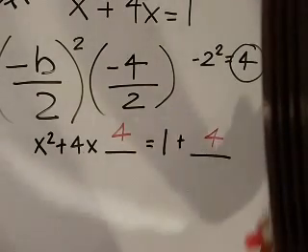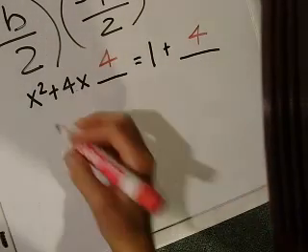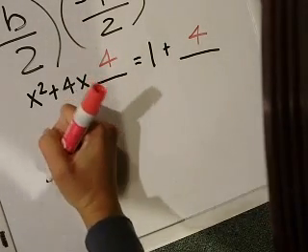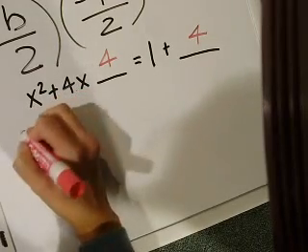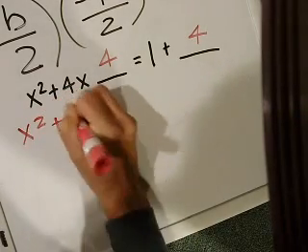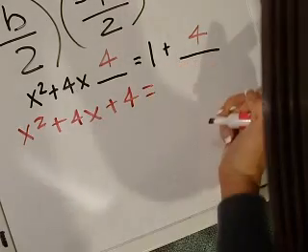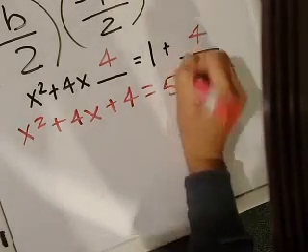Now, go ahead and clean it up by adding like terms. Add the 1 and the 4, which equals 5.